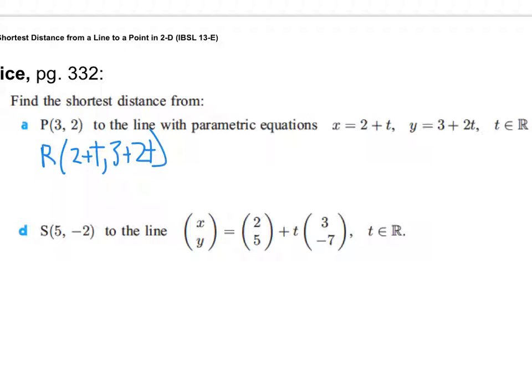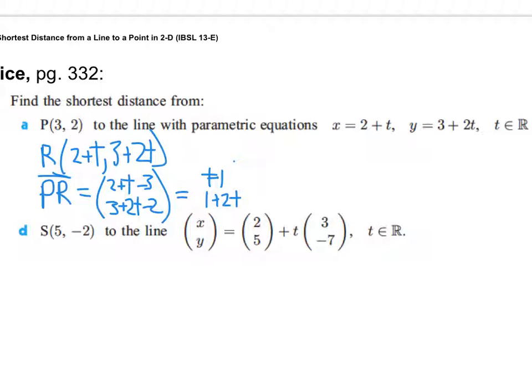That's our point. So now we can find vector PR. Vector PR is 2 plus t minus 3, and 3 plus 2t minus 2. So that's t minus 1, and 1 plus 2t.